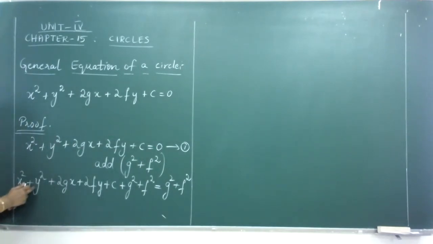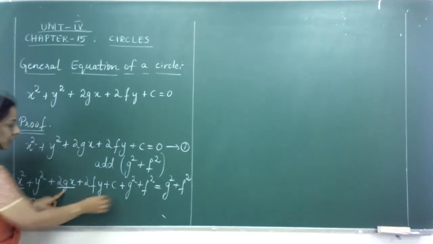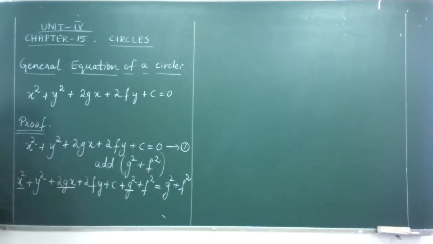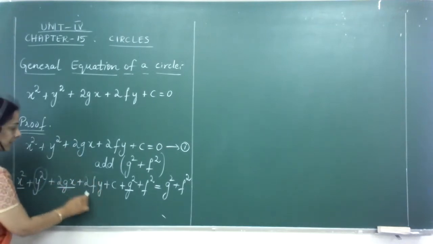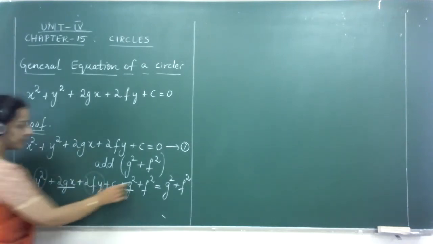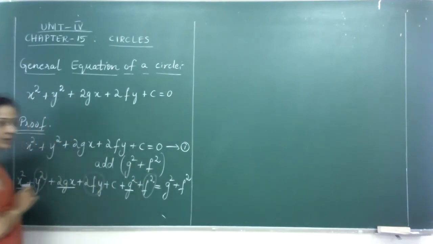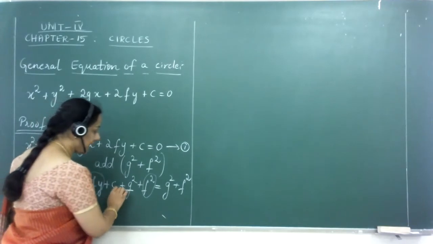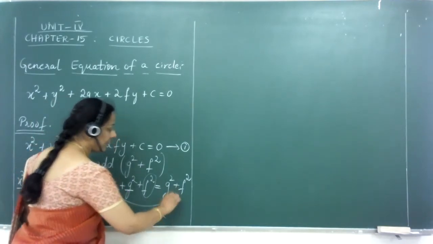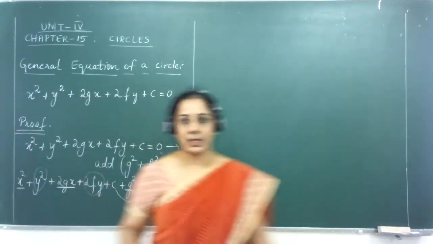Here in the LHS, let us try to rearrange the terms. I shall consider the underlined terms here, that is x squared, 2gx and g squared as one set of expression, and the circled terms, that is y squared plus 2fy plus f squared as the second set of expression, and plus c here from the LHS will now be transposed to the RHS.